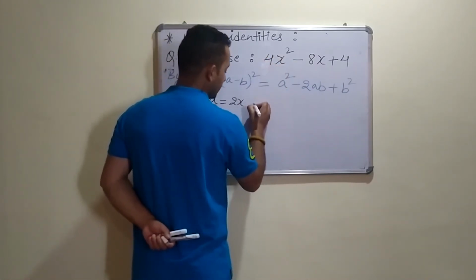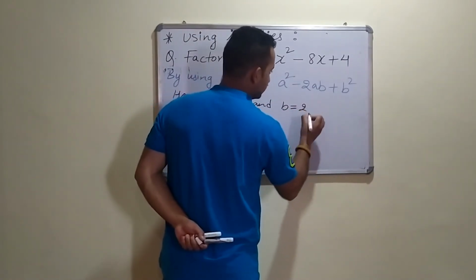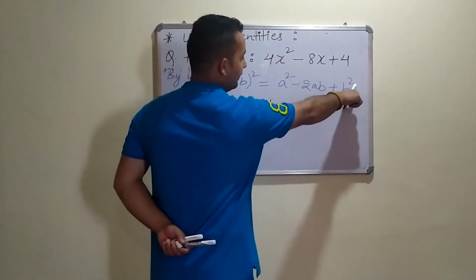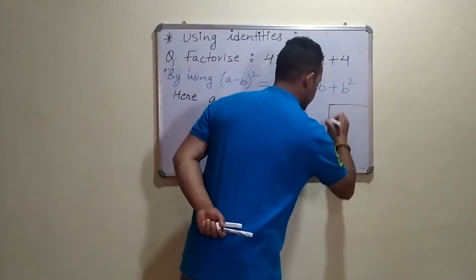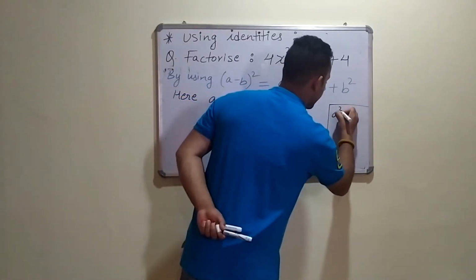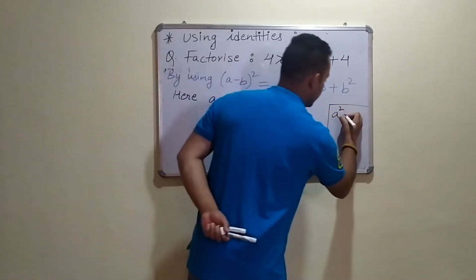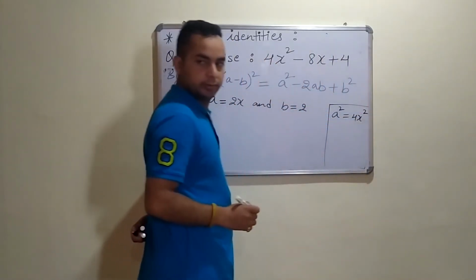In place of a square you have 4x square.